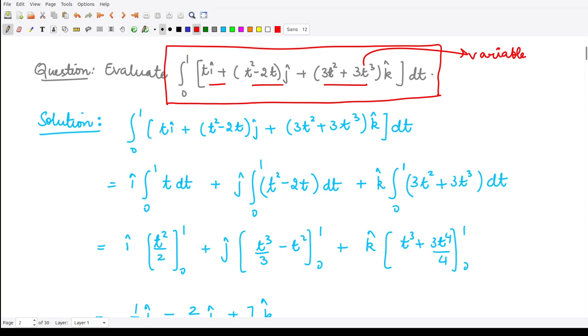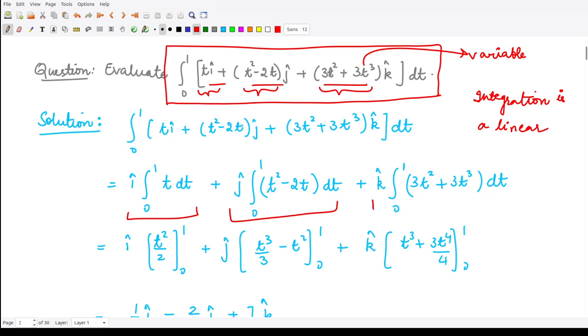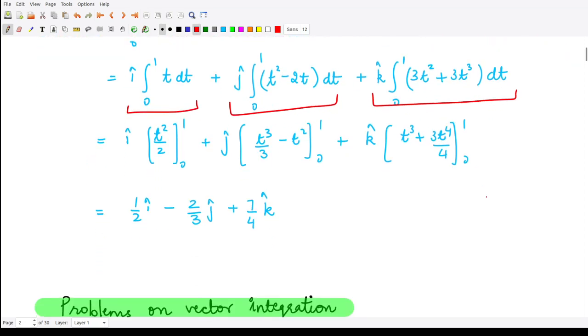So what is the rule here? The rule is to perform this integration over all of these terms separately, because we know that integration is a linear operator. Using this fact, we just separate out all the terms consisting of i cap, j cap and k cap, and then it reduces to solving simple integrals.